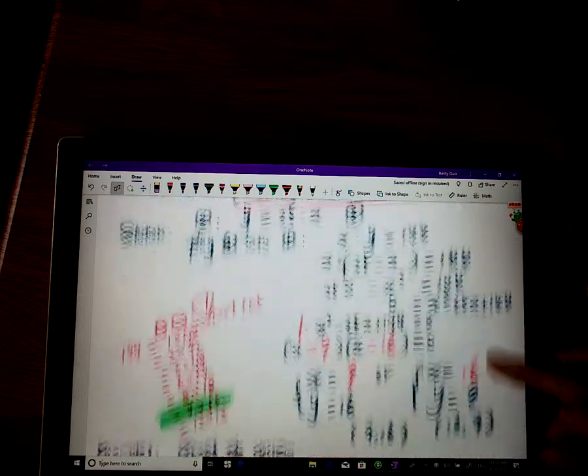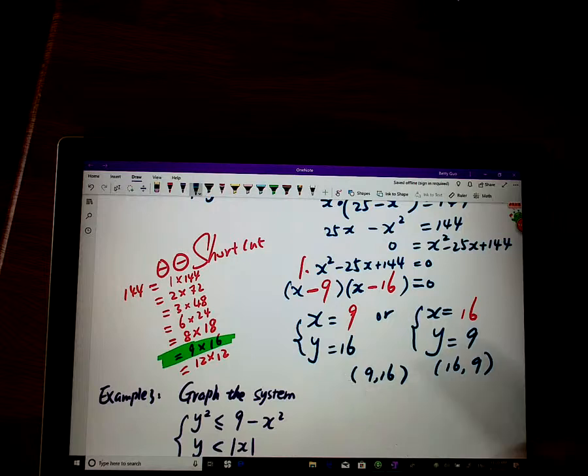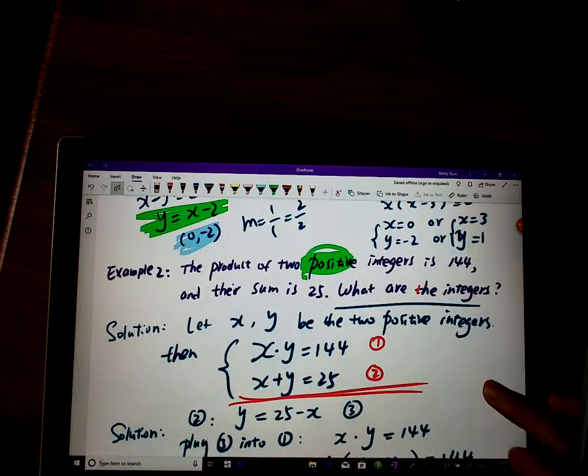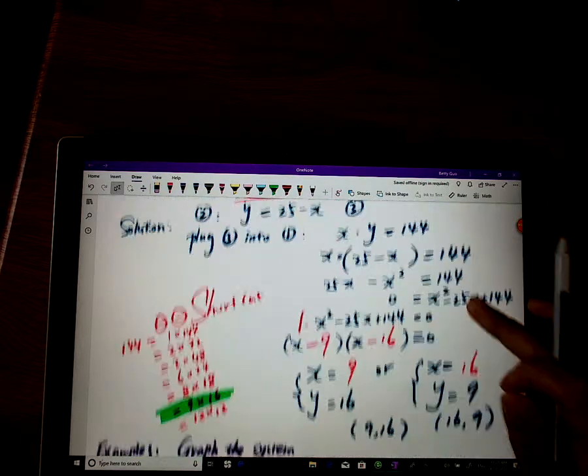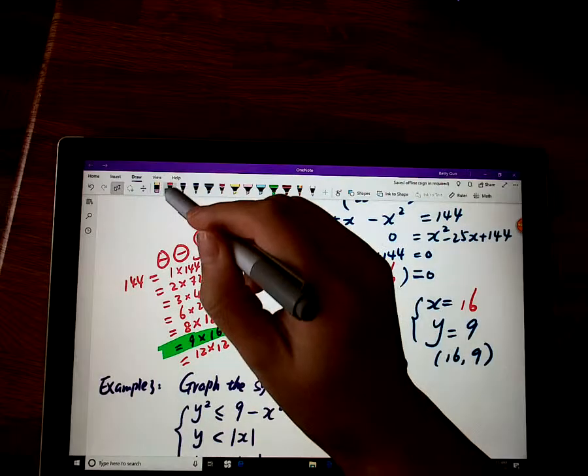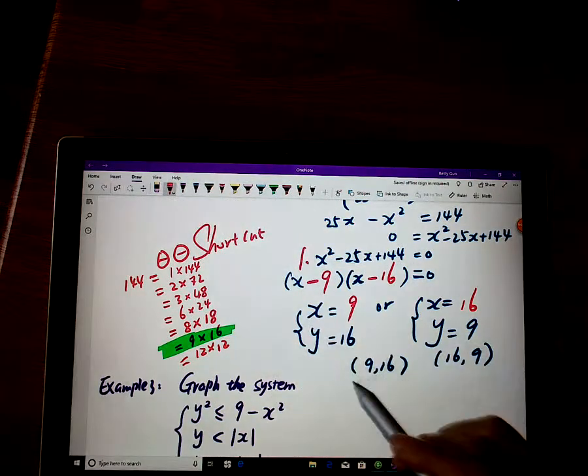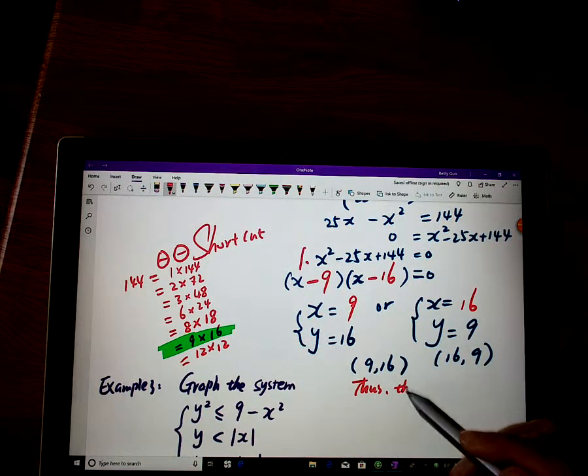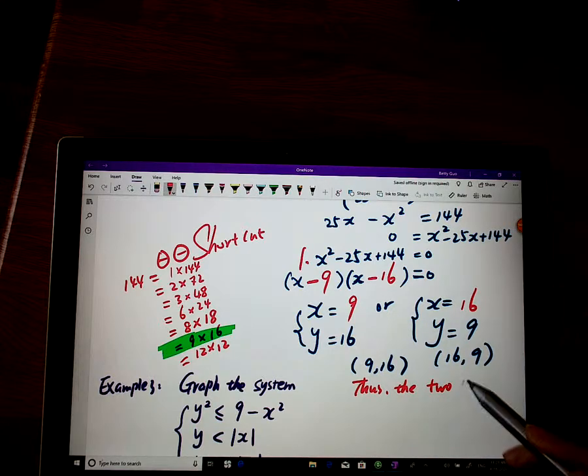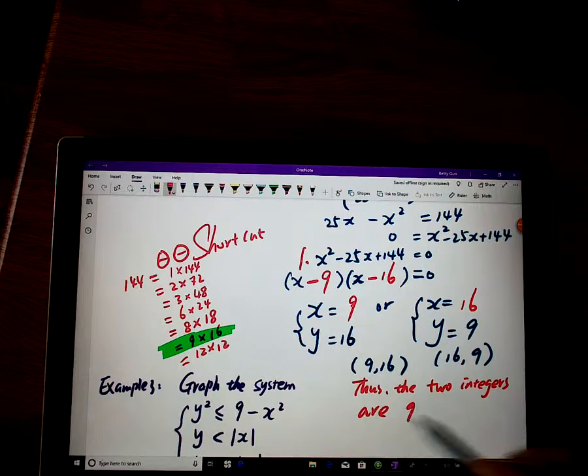The two integers could be 9 and 16 or 16 and 9. They mean the same thing. Do you see what I'm saying? So the two positive integers are 9 and 16.